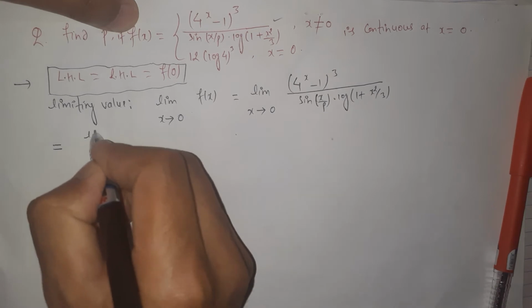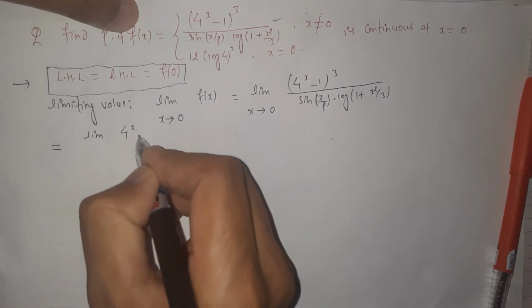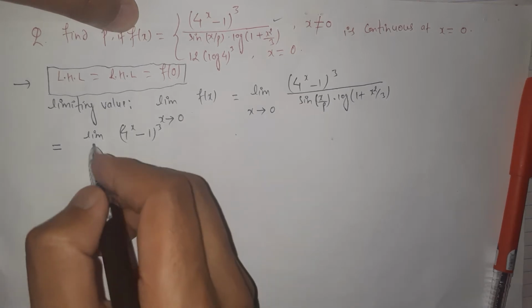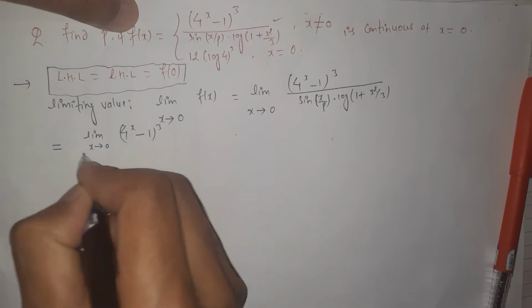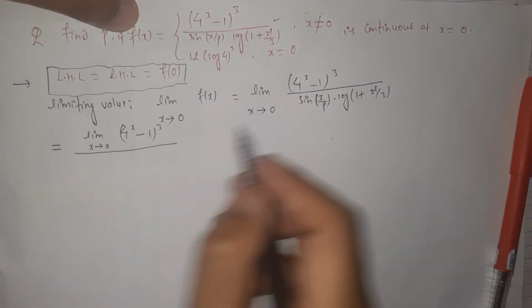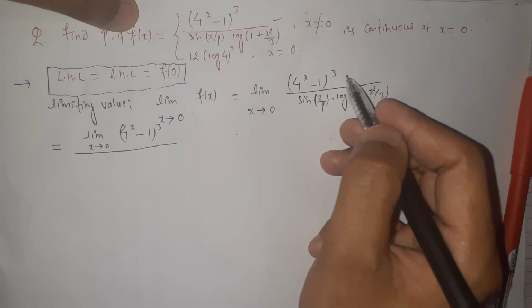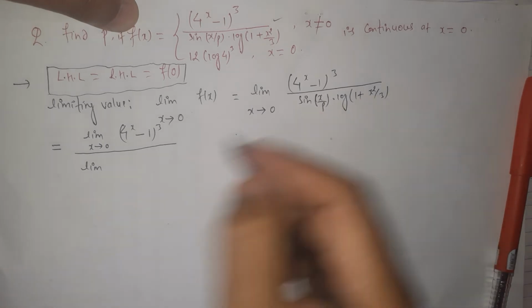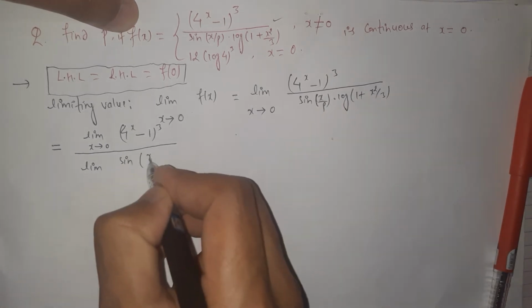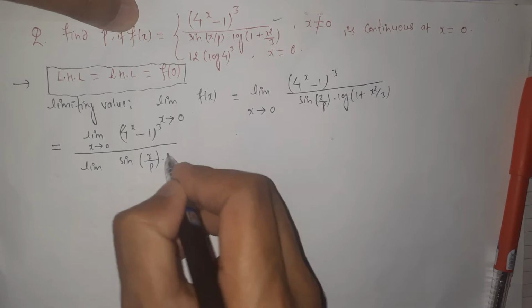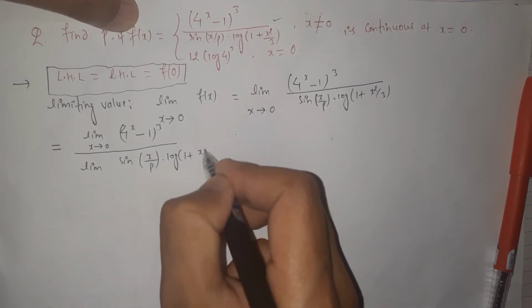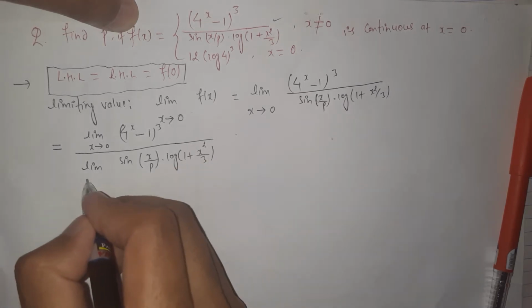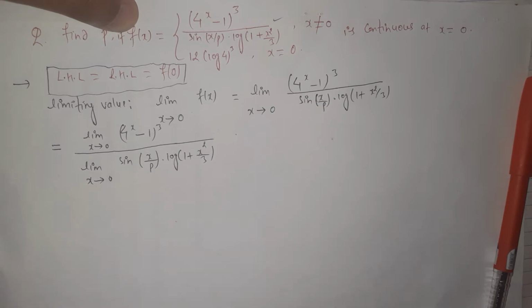So the limit of (4 to the power x minus 1) raised to the power 3 as x approaches 0, over the limit of sine x over p times log of 1 plus x square over 3 as x approaches 0.